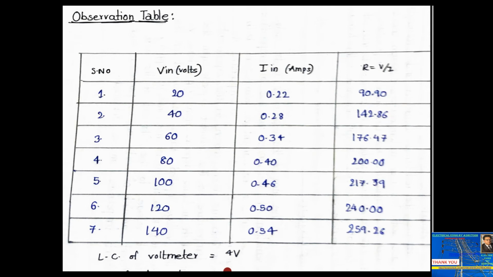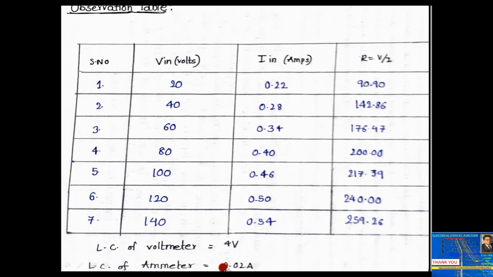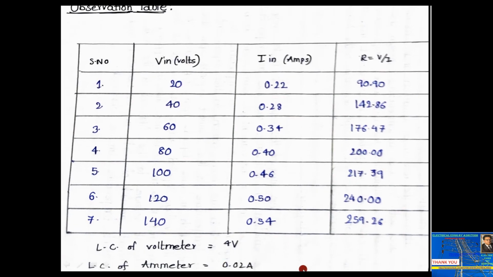This is the least count of the voltmeter and ammeter, already given over here. In the case of DC, this is a DC voltmeter and DC ammeter; the least count of the voltmeter is 4 volt and of the ammeter 0.02 ampere. Then you have to draw the VI characteristics. Now we are going to watch the video of how it is performed in the lab.